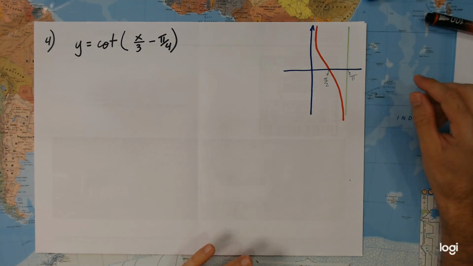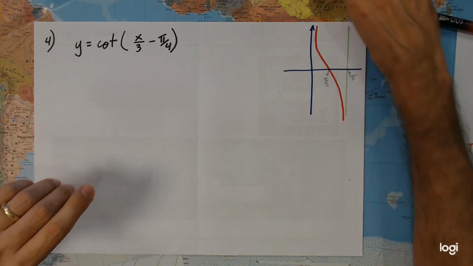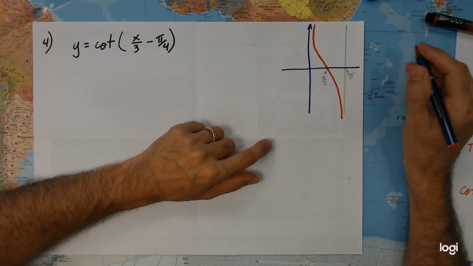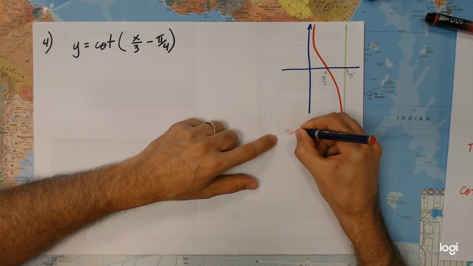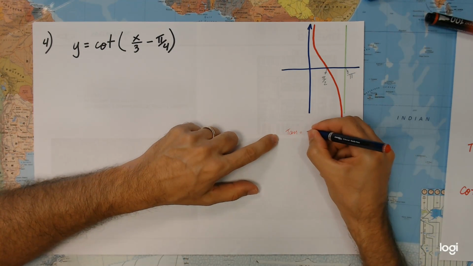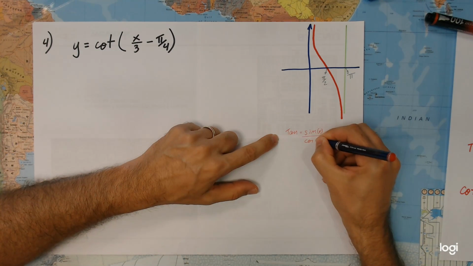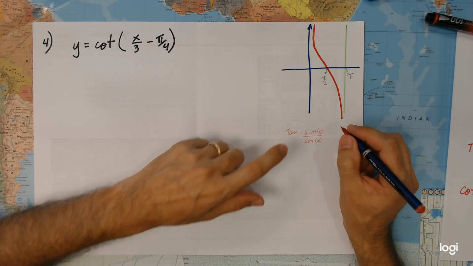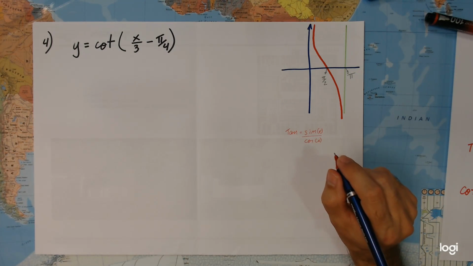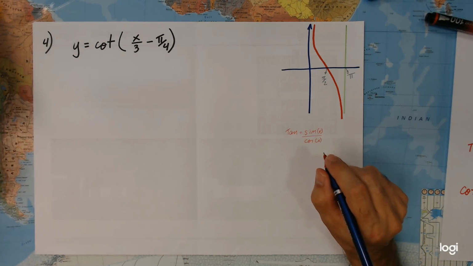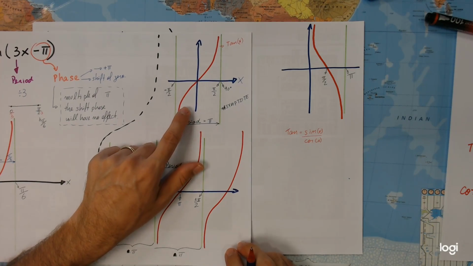Now, just a small recap. I'm going to make it even in red. What is the tangent? Tangent is the sine of x divided by the cosine of x. Remember the graph of the tangent.